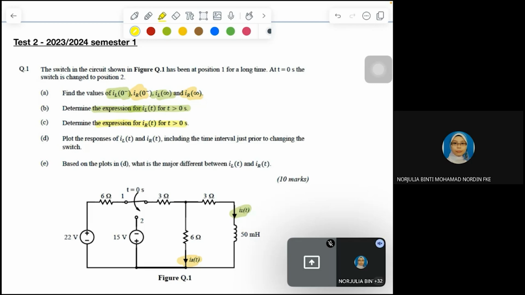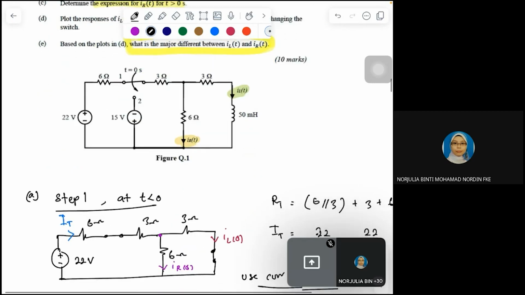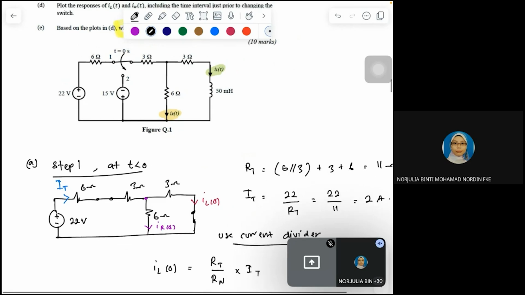And then you need to plot both responses, and then you need to compare between the response of IL and IR. Okay, so by looking at this question, this is how we should solve it.